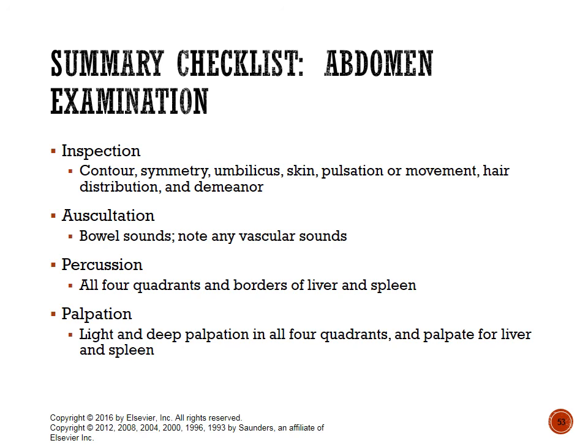Auscultation, we're looking at bowel sounds mostly, and then noting any vascular sounds we may hear. Percussion, remember we don't do this a lot, but it's something we're going to try in the lab. And then palpation, definitely looking for tenderness, but mostly if we're going to look for organs, it's going to be the liver and the spleen.